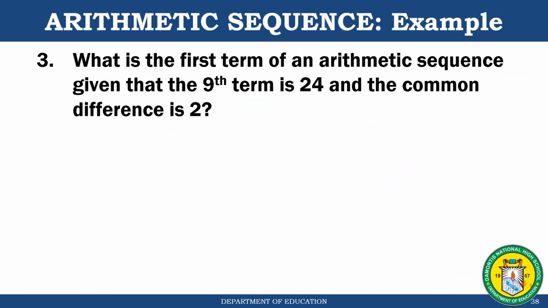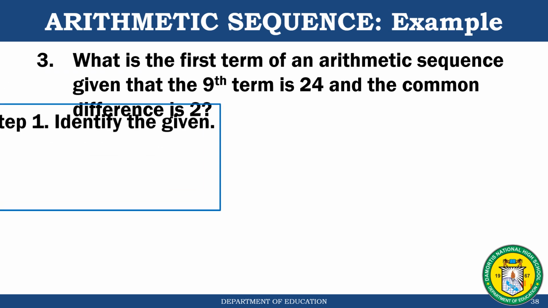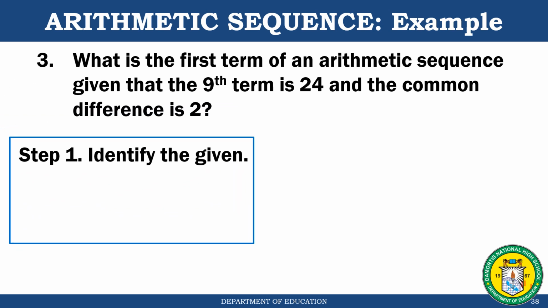Let's have example number 3. What is the first term of an arithmetic sequence given that the 9th term is 24 and the common difference is 2? So in our example number 3, we're looking for the first term already. So identify the given. Anyone? Okay. So a sub 9 is 24 from the words 9th term.